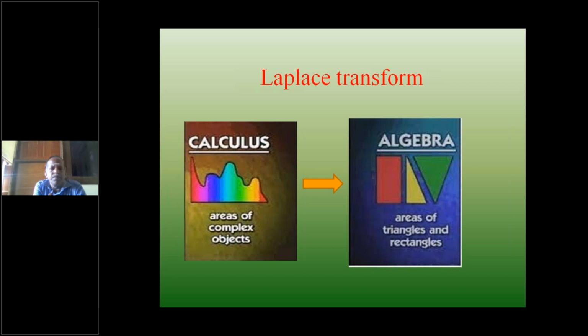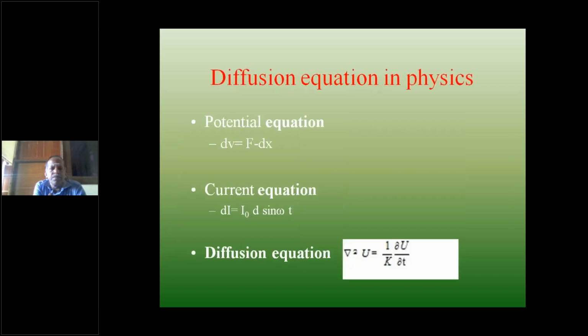Fine. Here, we have taken the process of dissolution of protein in solvent or co-solvent as a diffusion process. For example, in physics, if it is electric potential, the equation is dV equal to F dot dx plus or minus F dot dx, whereas the current is given by dI equal to I naught d sin omega t. All are calculus equations.